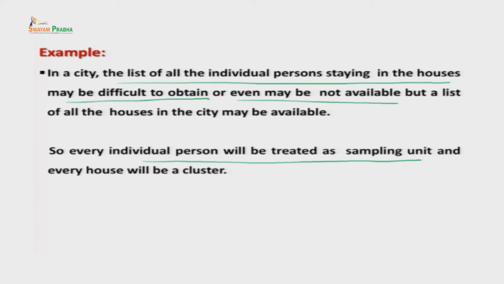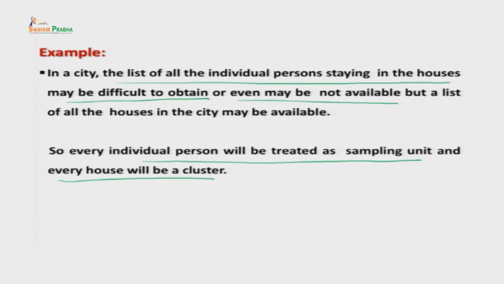So, all those persons who are staying in that house will create a cluster, right? And then what are we going to do? We are going to select those houses in my sample, and that is going to create a condition where we are trying to choose the clusters directly.